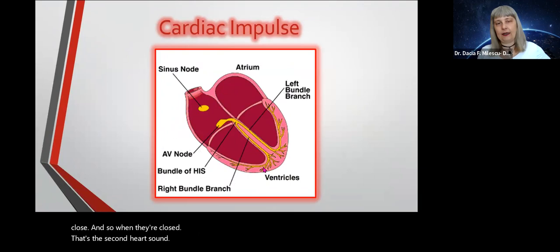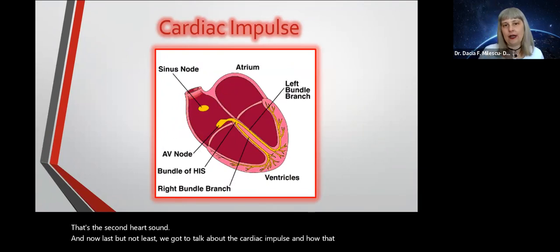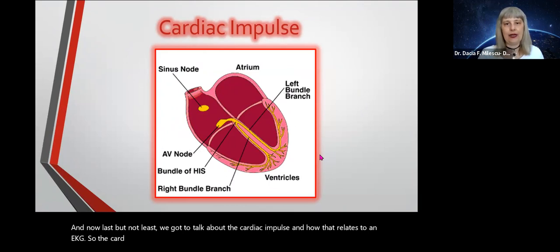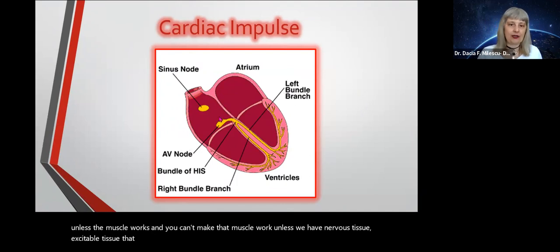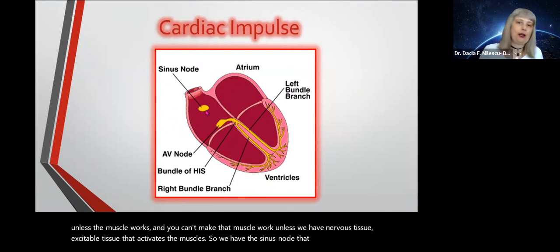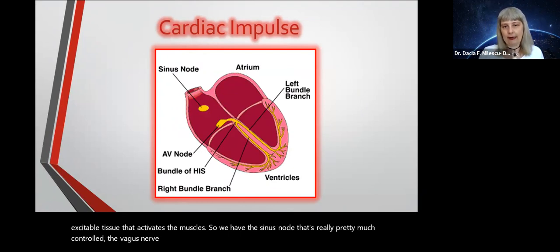And now, last but not least, we got to talk about the cardiac impulse and how that relates to an EKG. So the cardiac impulse in the end is what makes it all happen. You can't pump that blood unless the muscle works, and you can't make that muscle work unless we have nervous tissue, excitable tissue that activates the muscle. So we have the sinus node that's really pretty much controlled by the vagus nerve at a regular rate and rhythm.